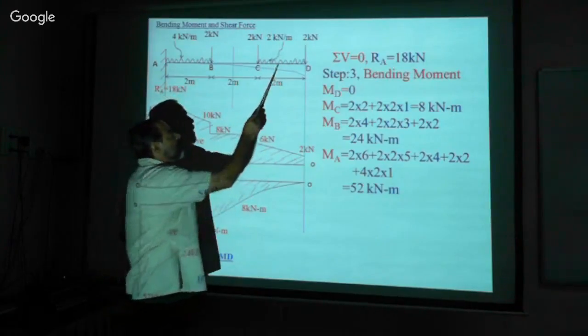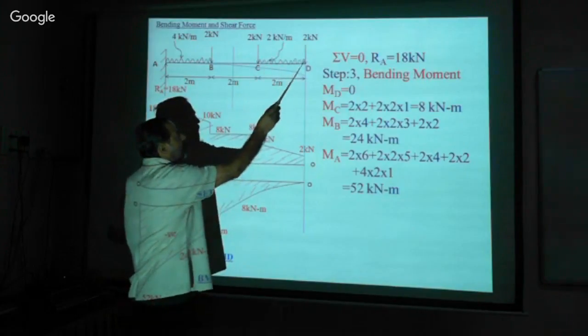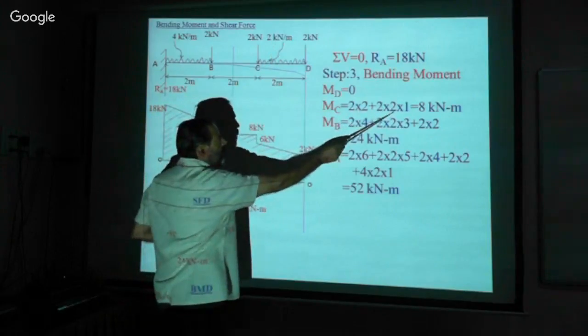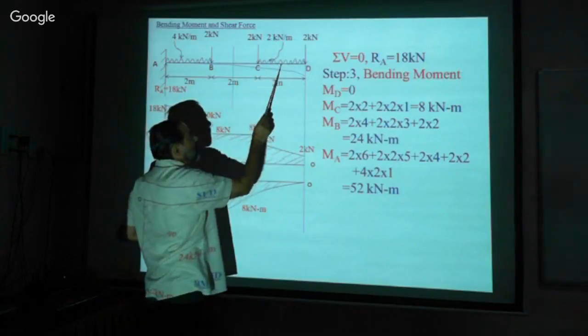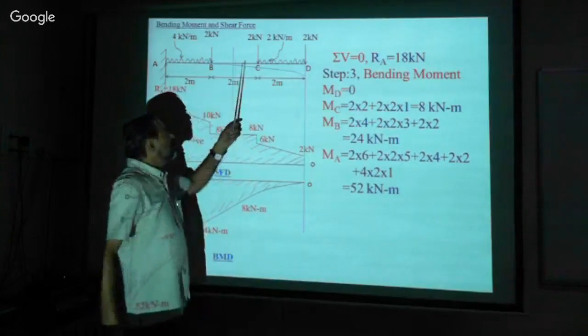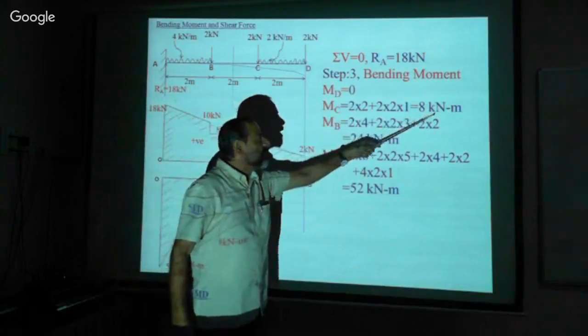And this point load is acting at the center of the UDL. Now therefore, 2 into 2, 4 kilonewton, distance from here to here, the perpendicular distance, is 1 meter. Therefore, the bending moment at this point C is equal to 8 kilonewton meter.